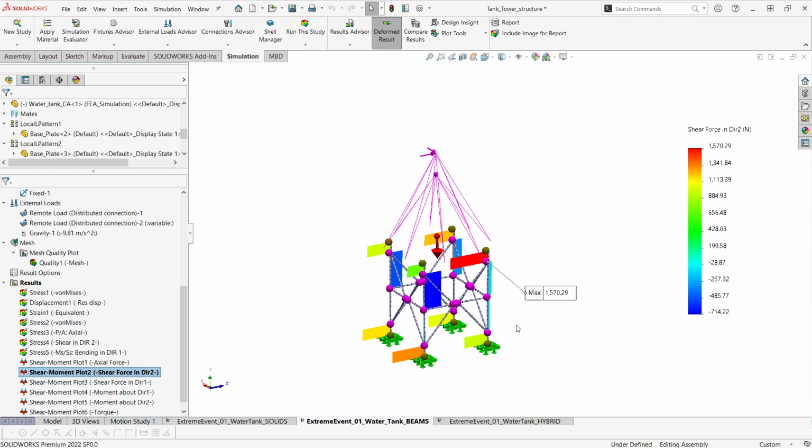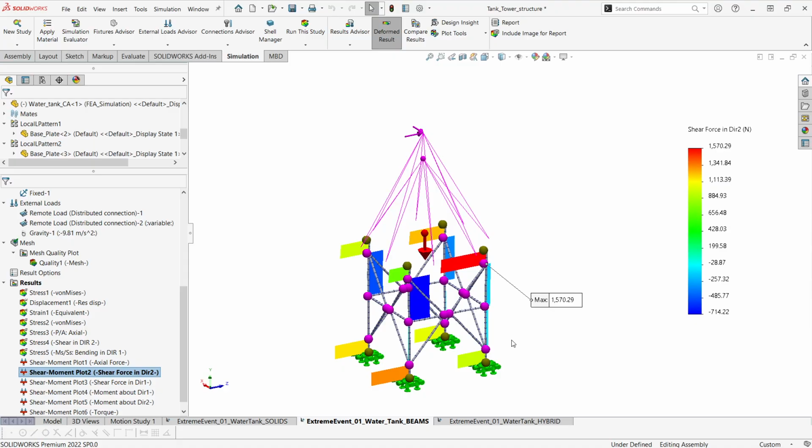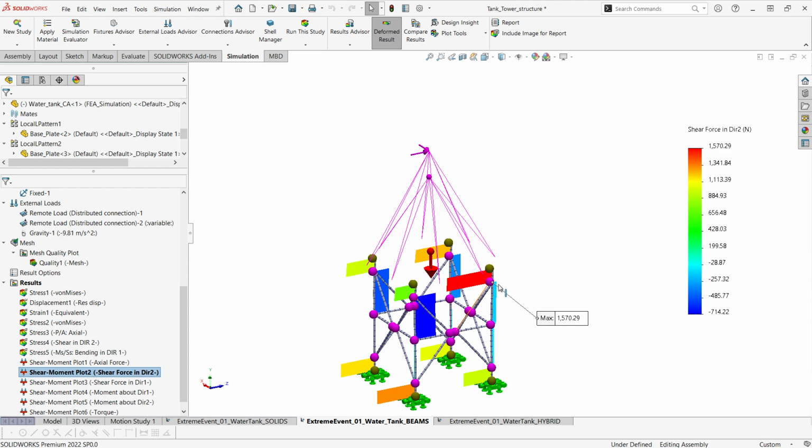As we saw before in the presentation, this is where shear is being transferred between members. And exactly here is where we detected the critical stress values in the solid model in the previous video. Therefore, if we start by running a beam analysis, we will know which connection design we should check first. Good. Let's review the next plot.